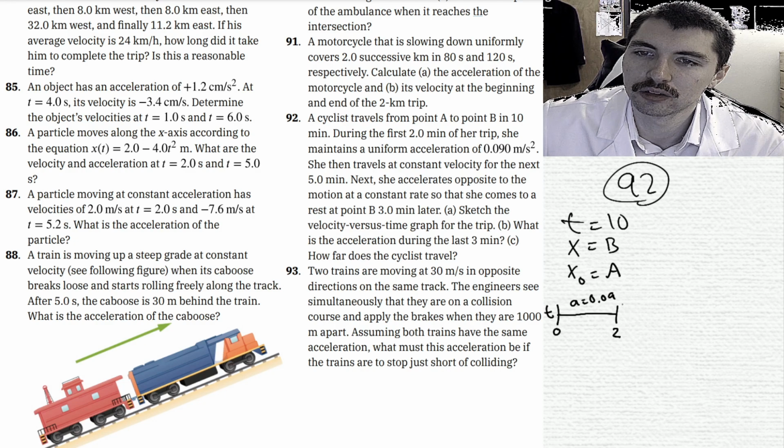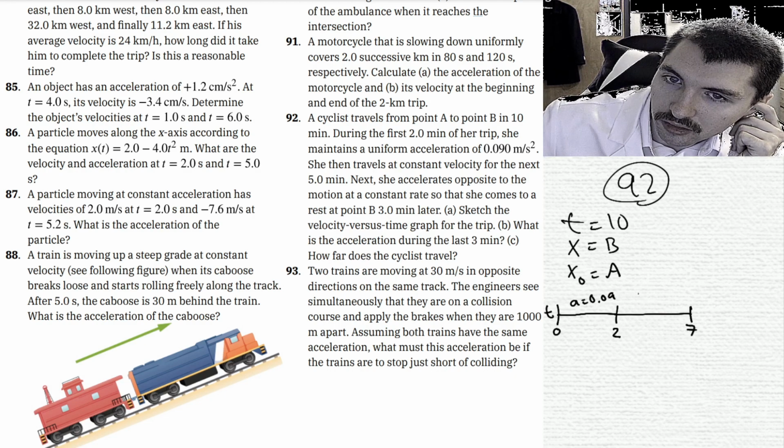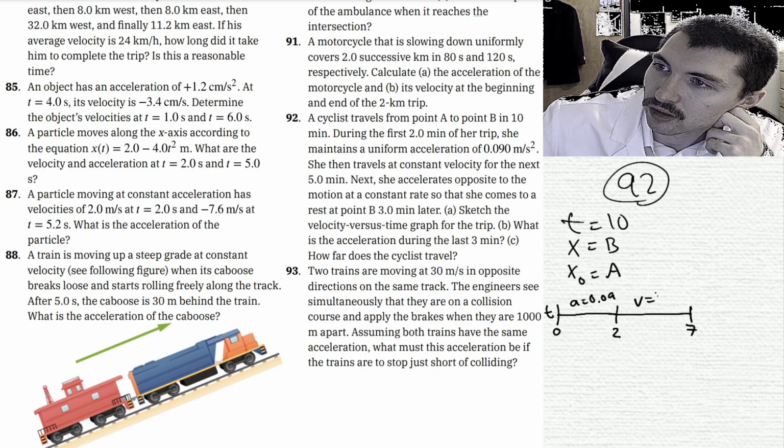She then travels at a constant velocity. Okay, so does that mean 7 minutes? Constant velocity, so V is a constant.